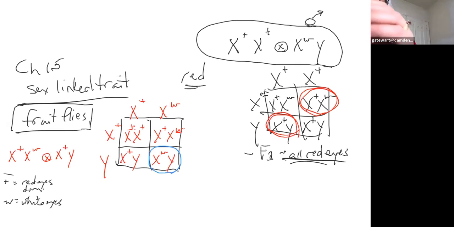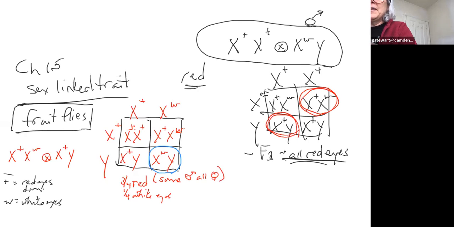So if you're looking at just the characteristic, we still have 3/4 with red eyes and 1/4 with white eyes, right? It is just that of these 3/4, some are males and all the females have red eyes, and the 1/4 white eyes are only in the males.